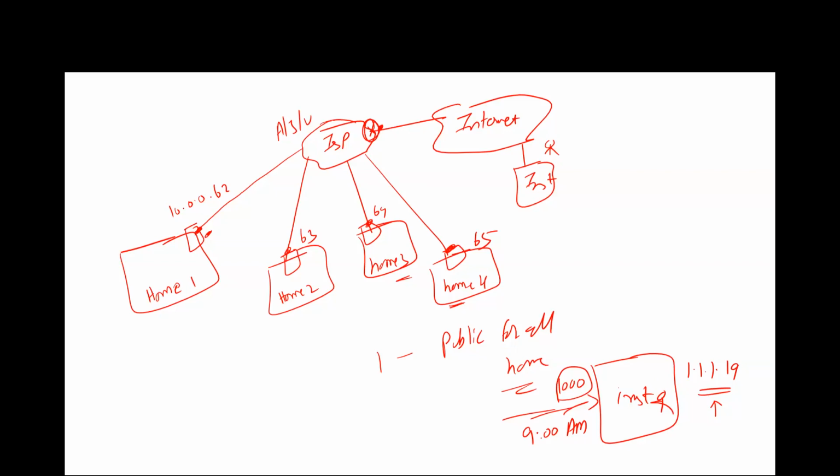Will you say that these 1000 connections are attacks, or that they are genuine? So these 1000 connections are not an attack.